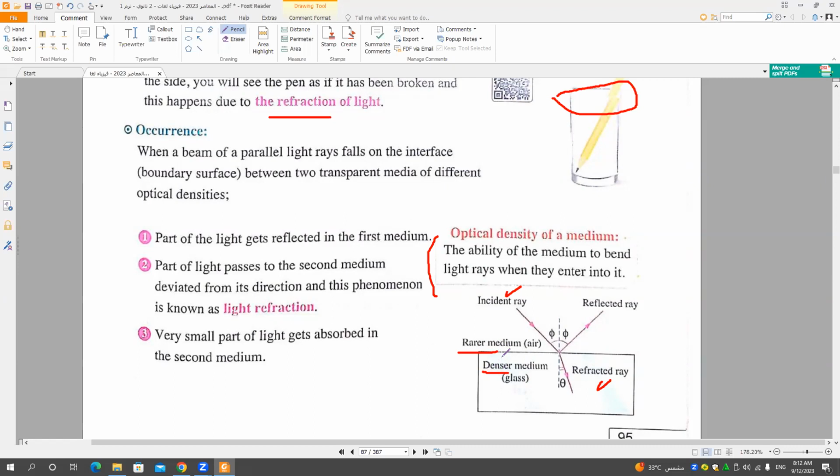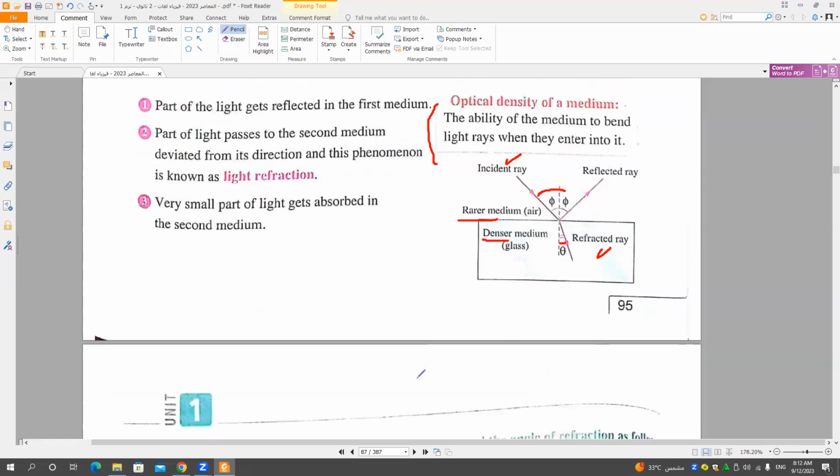Look at this angle, called phi, and this angle, called theta. Phi is the angle of incidence in the first medium, and theta is the angle of refraction in the second medium.